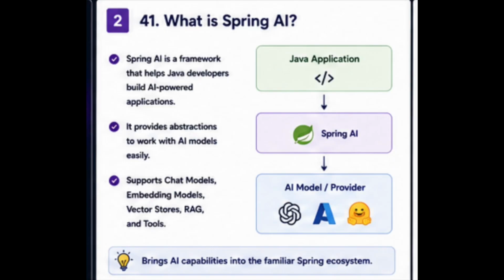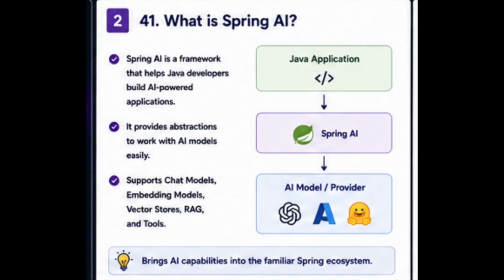What is Spring AI? It is a Spring framework designed to help Java developers build applications using artificial intelligence. Instead of manually implementing all the communication logic with an AI provider, Spring AI provides abstractions and APIs that make it easier to work with AI models.